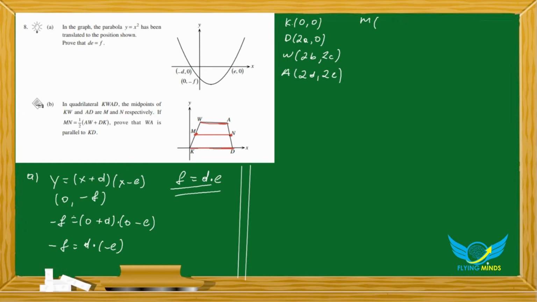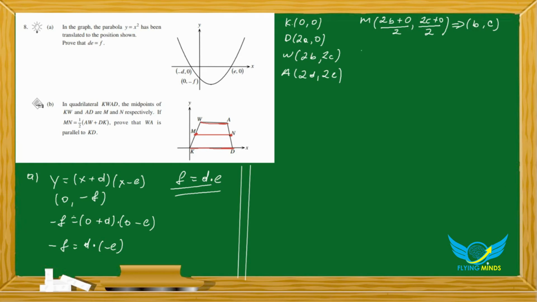Okay, so what are the coordinates of M? To find the midpoint, it's 2b plus 0 over 2, and 2c plus 0 over 2. So it follows that the coordinates of M are b and c.